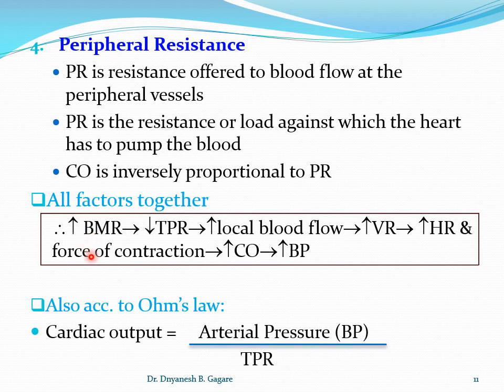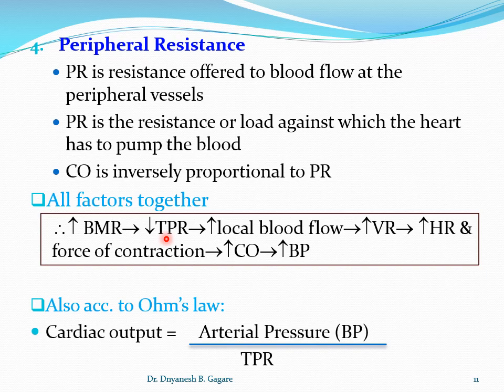Any increase in basal metabolic rate, suppose you have started any activities, there is an increase in basal metabolic rate. Okay, so if the basal metabolic rate increases, there is a release of metabolic end products locally.